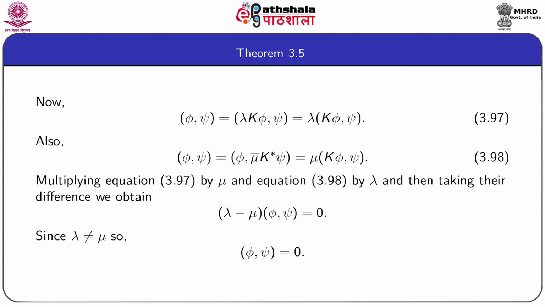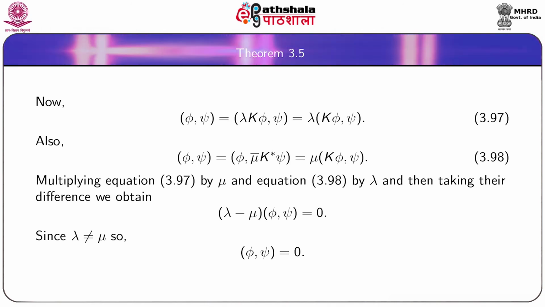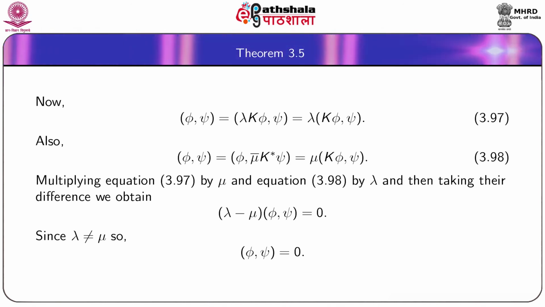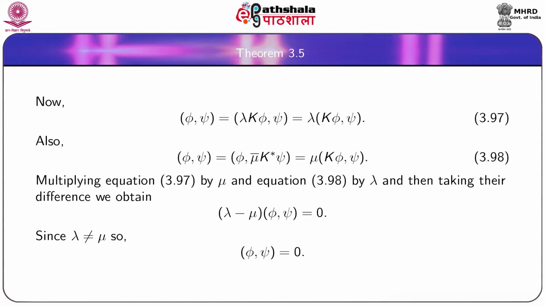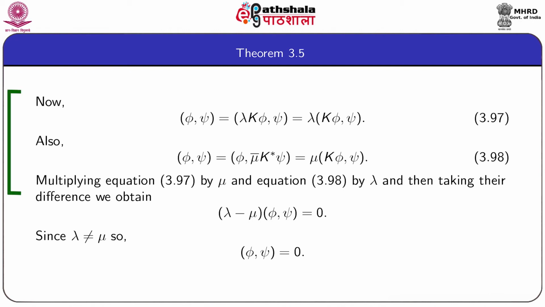Now we consider the inner product of phi and psi. So instead of phi, we can write phi equal to lambda K phi, so that the inner product of phi and psi is equal to the inner product of lambda K phi and psi. And by the property of inner product, we can write this as lambda into the inner product of K phi and psi, as given by equation 3.97.